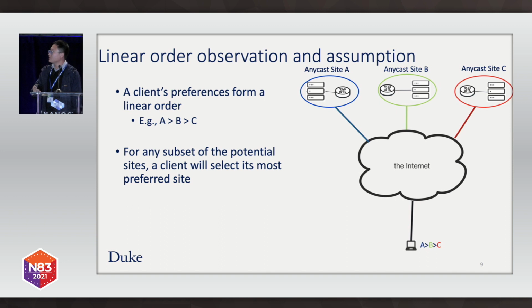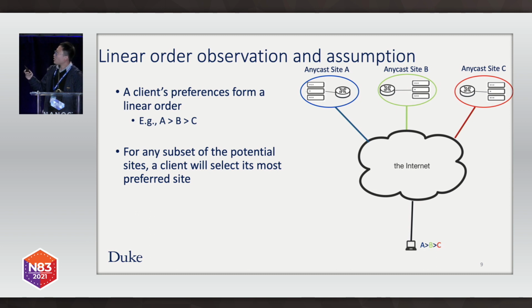At the beginning of this project, we had a much smaller Anycast network, so we could try every possible subset of the potential Anycast sites. In that experiment, we found that a majority of the clients select their Anycast sites according to a linear order. Take this graph as an example for one specific client.